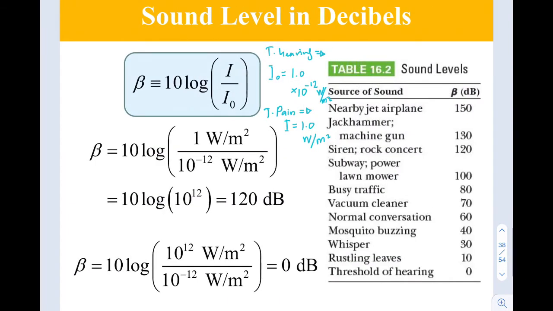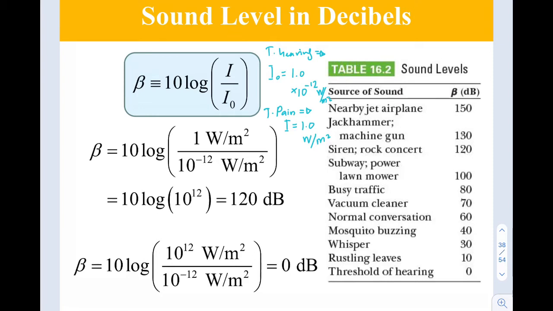Now we move to sound level in decibels. Example 16.6 just now illustrates the very wide range of intensities, to the order of powers of ten, that the human ear can detect. Because this range is so wide, it is more convenient for us to use a logarithmic scale.